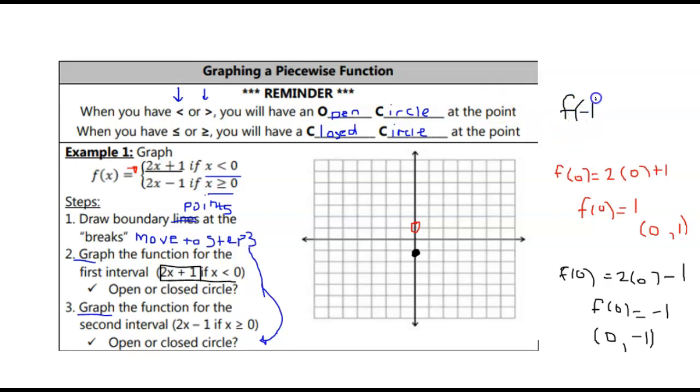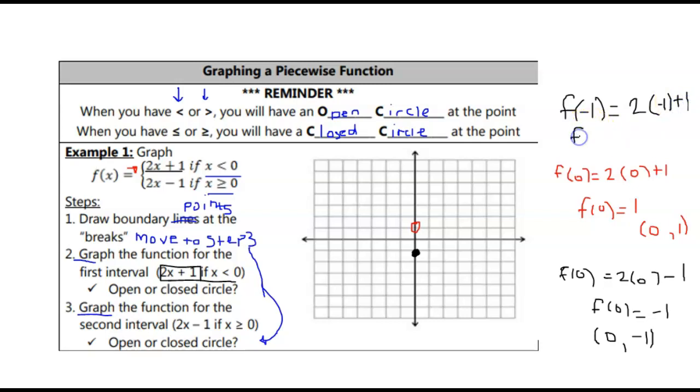And I got to plug it into the top because that's when x is less than 0. So f of negative 1 is 2 times negative 1, I'm sorry, plus 1. There we go, 2 times negative 1 plus 1.